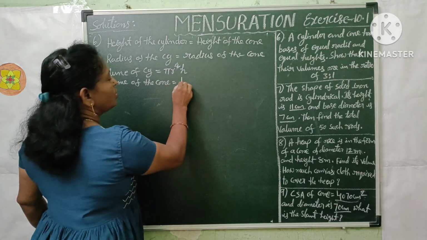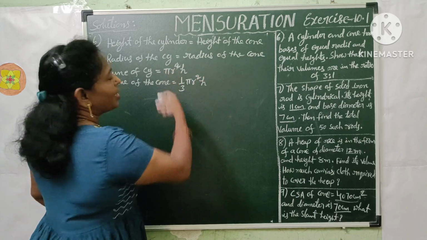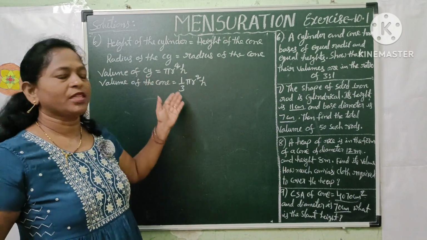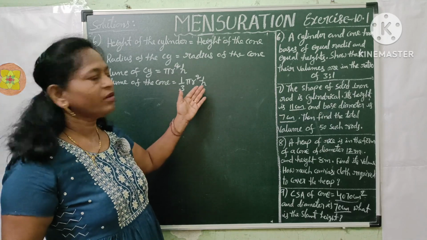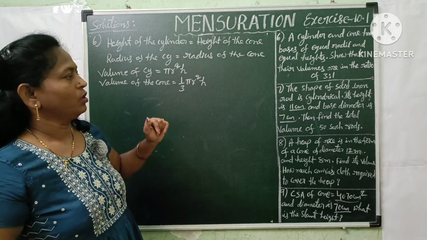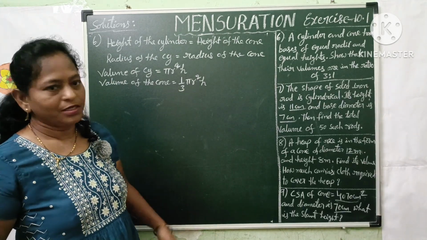That means 1/3 pi r square h. Here we have to say it simply. Why? Because the volume of the cone is 1/3 of the volume of the cylinder. Here the ratio is cylinder to the cone. So 3:1, simply we can say.